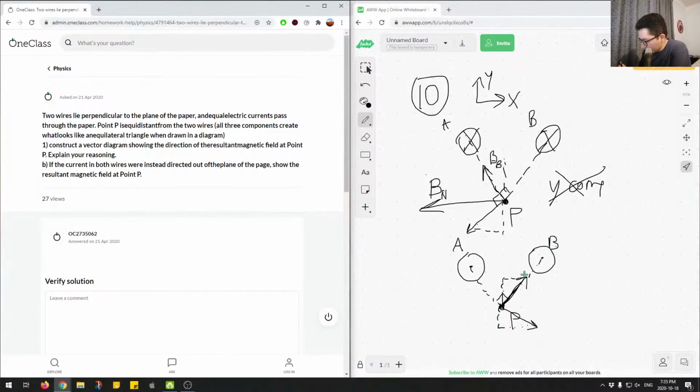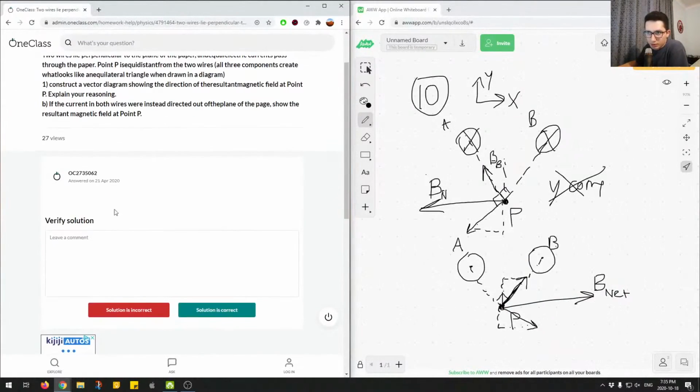These add up. We know the resultant would look something like this. I'm over exaggerating the line, it should be a little shorter, but that's the direction the net magnetic field should be pointing.